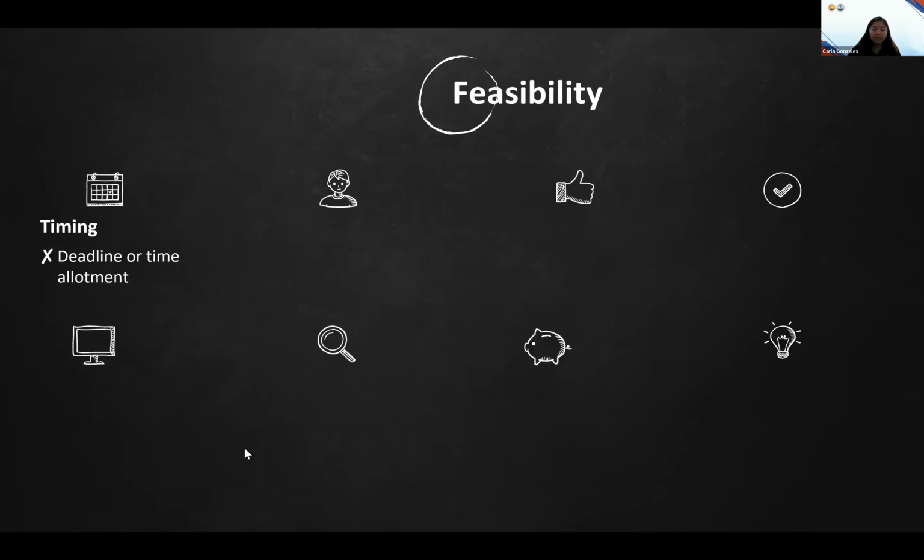So the timing, if you only have a year to complete, the deadline or time allotment, the availability of the subject. Sometimes one thing that could also affect your data collection would be the willingness to cooperate. For example, if you want to do a group interview, sometimes they might not have the same time or the same location that they would agree with.